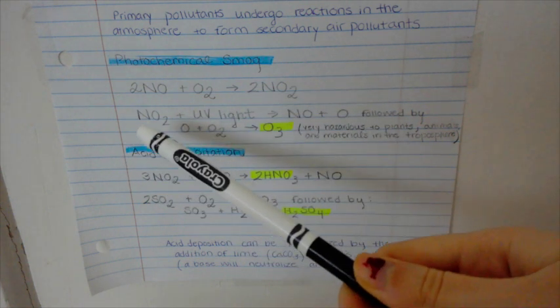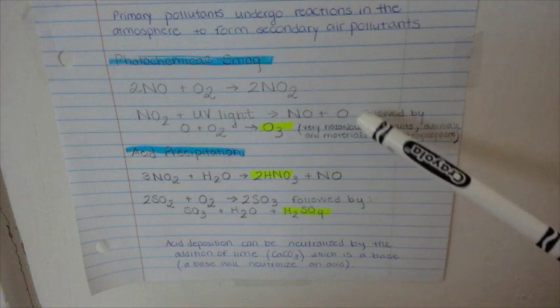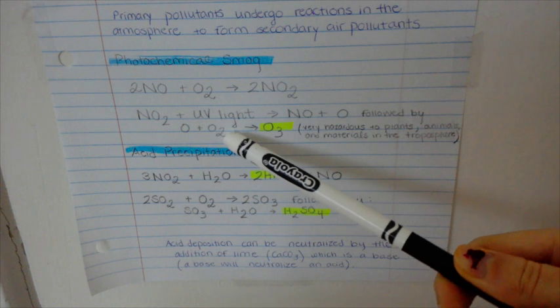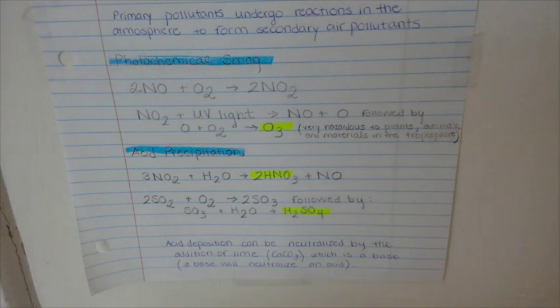That nitrogen dioxide, along with UV light, is split up into nitrogen oxide and an oxygen atom. That oxygen atom combines with oxygen in the atmosphere to form tropospheric or ground level ozone. Tropospheric ozone is really dangerous to plants and animals because it kills plant tissue and it scars lung tissue and acts as a respiratory irritant.